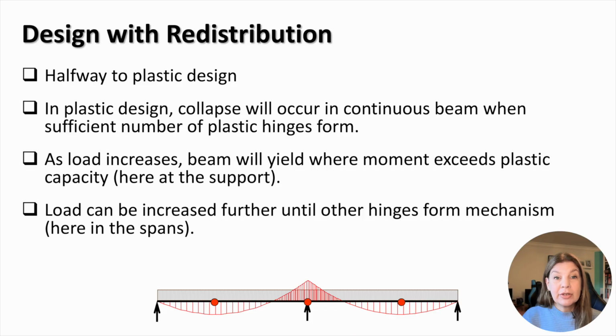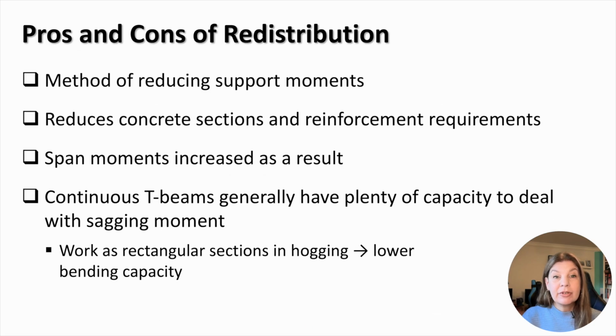The load can be increased further until the other hinges form a mechanism. In the beam considered on this slide, additional hinges form in the spans, and the beam collapses.